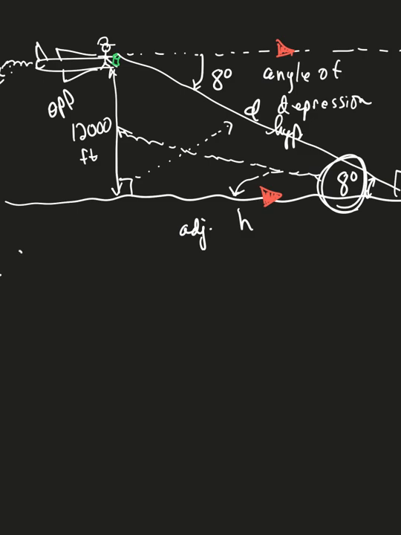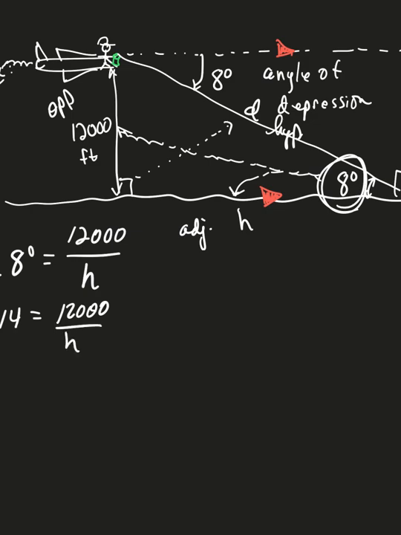So it's going to be the tangent of our angle, and tangent is equal to the opposite divided by the adjacent. The opposite is 12,000, and the adjacent is h. So we need the tangent of 8 degrees. I need to turn on a calculator first. That would be about 0.14. So we think of that as a fraction so that we can cross multiply.